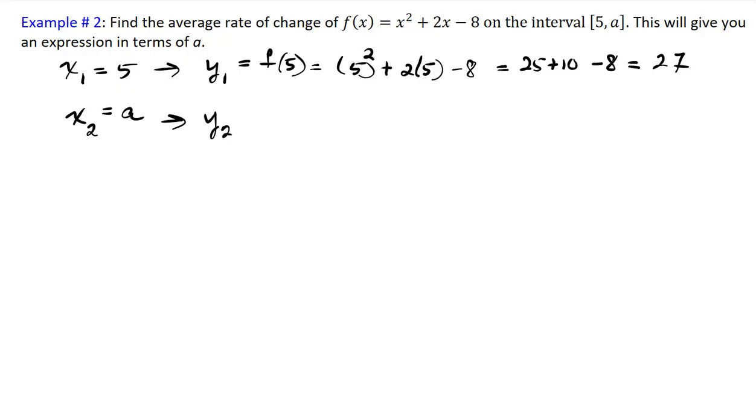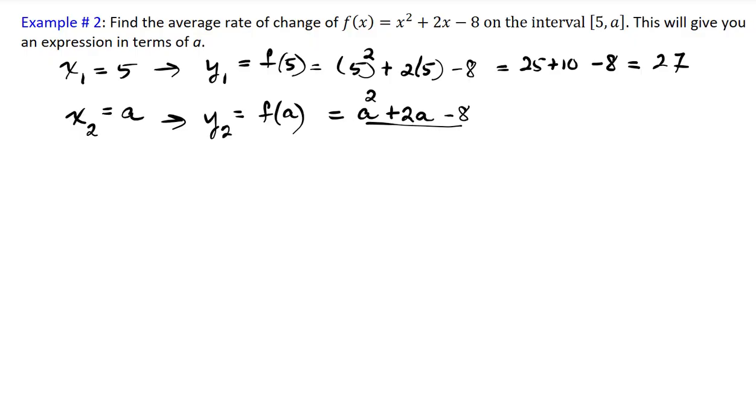And now y2, that's f of the value a. So evaluating the function at a, we're going to end up with a squared plus 2 times a minus 8. Again, remember, replacing all the x's there with this input value of the letter a. So we get an expression in terms of a.